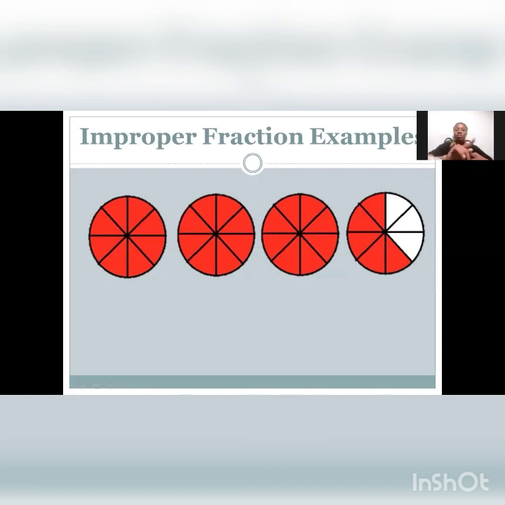All of the shaded parts equal 37, and there are 8 equal parts in each of the individual shapes. So our improper fraction should be 37 over 8.